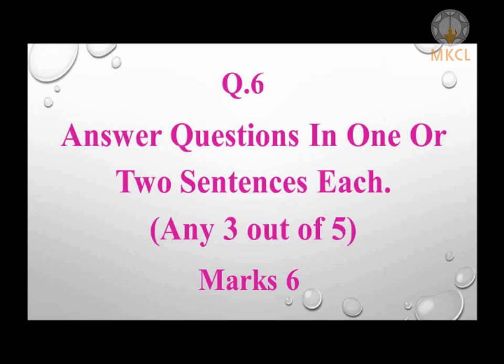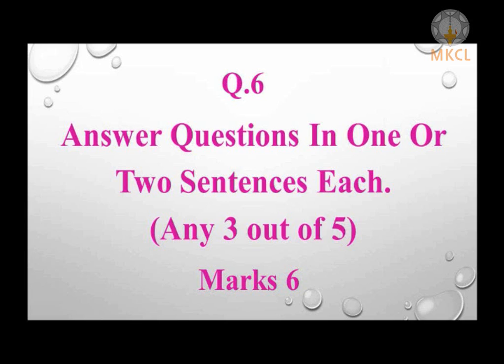Next question, I would like to take one more example. What is mixed economy? Many times children just write: mixed economy means coexistence of the public and the private sector, and they expect 2 marks. No, you will not get 2 marks. You will get only 1 mark. Why? Because here you have to tell what the private sector is and what the public sector is.